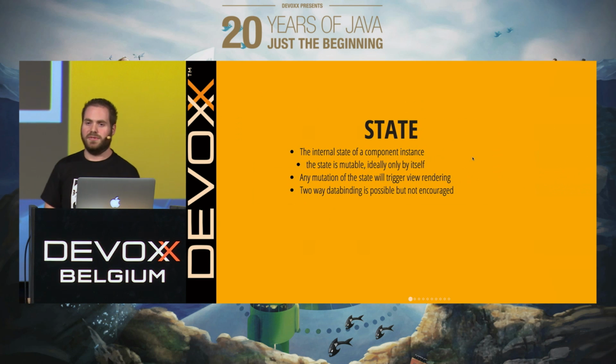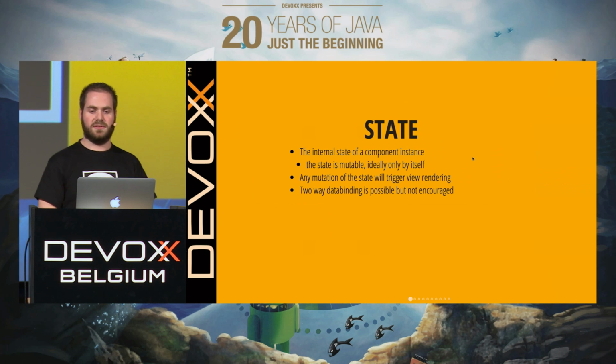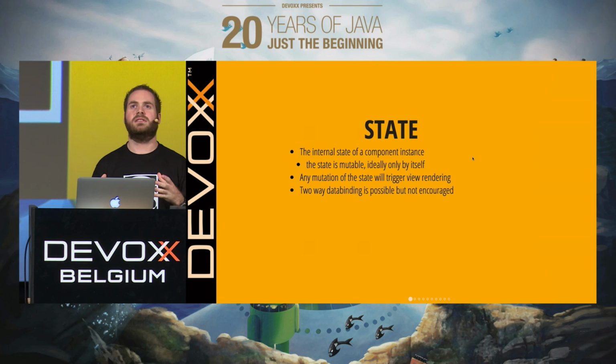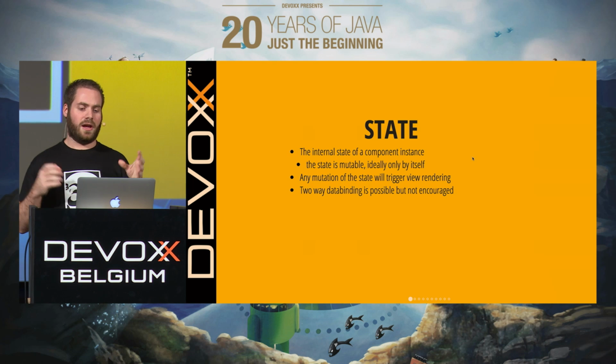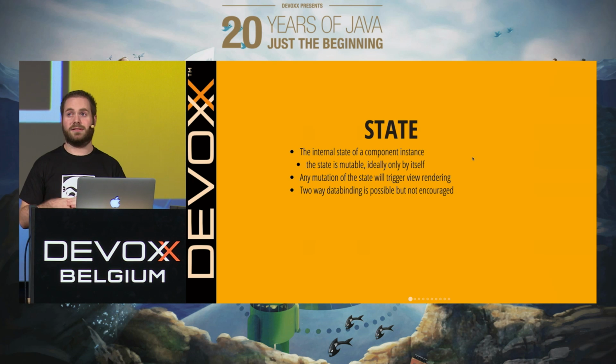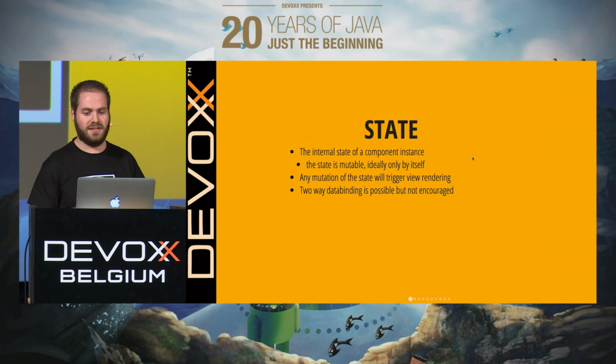The second way to put data inside your components is the state. So it represents the internal state of a component. So the state is mutable, ideally only by the component itself, but sometimes people are not ideal.